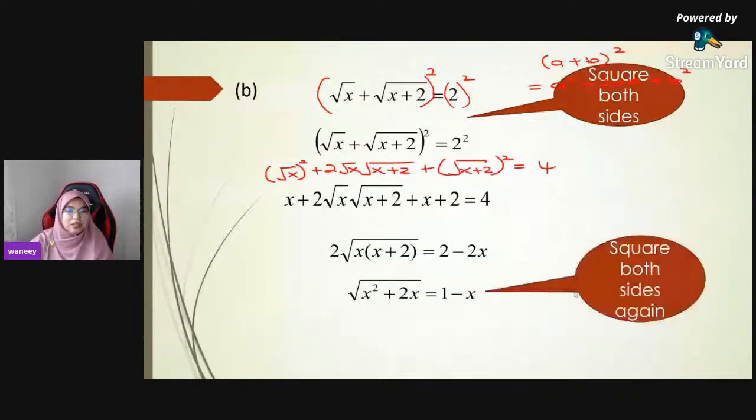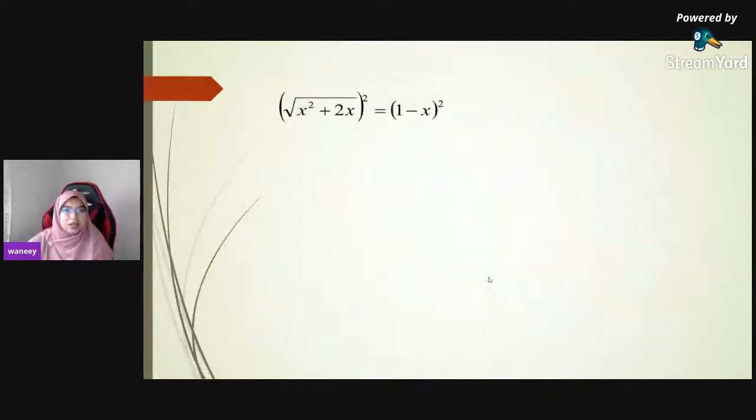So square both sides. To square both sides, do make sure that this one inside one bracket and then square. Everything on the right hand side need to be inside one bracket before you square them. Make sure it is in the bracket. Okay, next. Okay, so now square root and a square, so those two will cancel out, and then the right hand side, of course, you should expand them.